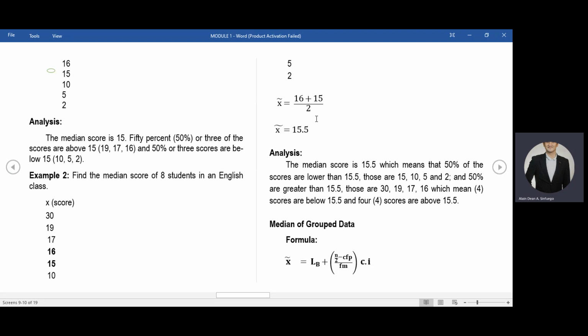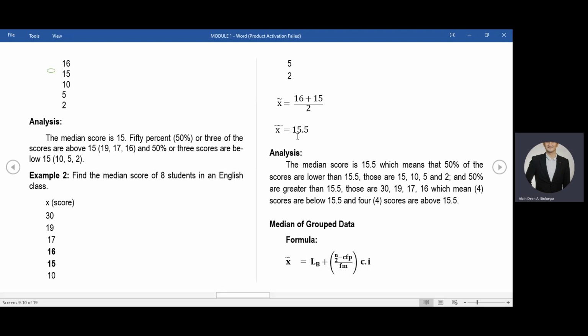You simply get the average of the two, that is 16 plus 15 all over 2. So x tilde, this symbol here is tilde, x tilde is equal to 15.5. That is your median score.